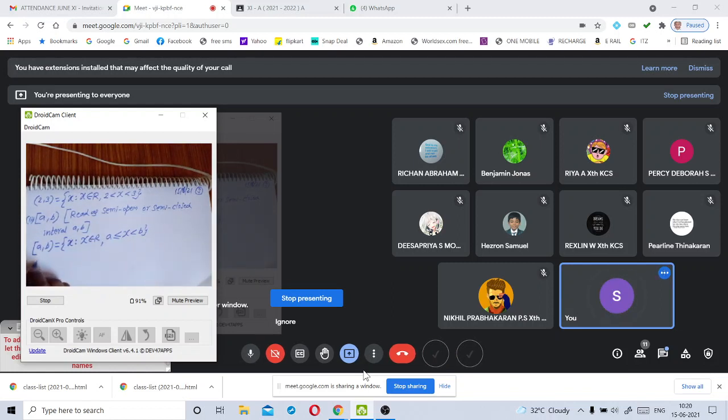For example, closed-open interval minus 2 comma 5: set of all x such that x belongs to R, comma, minus 2 less than or equal to x less than 5, because after this number an open bracket is used, so we use only the less than symbol here.